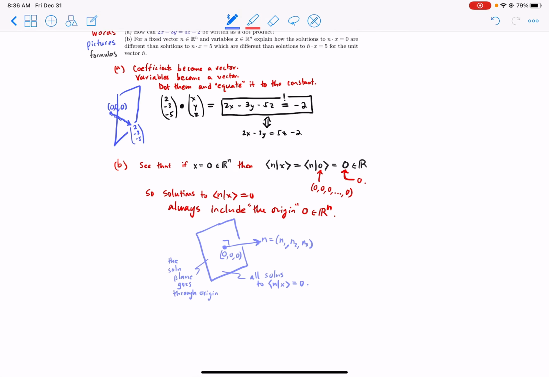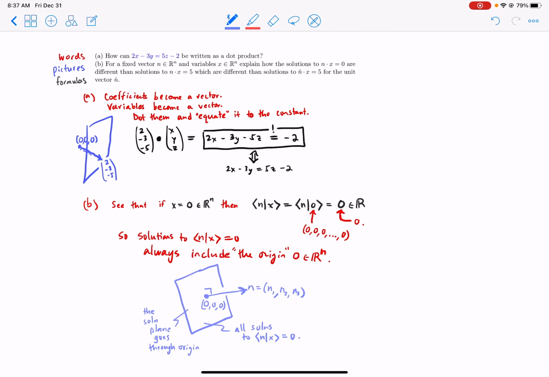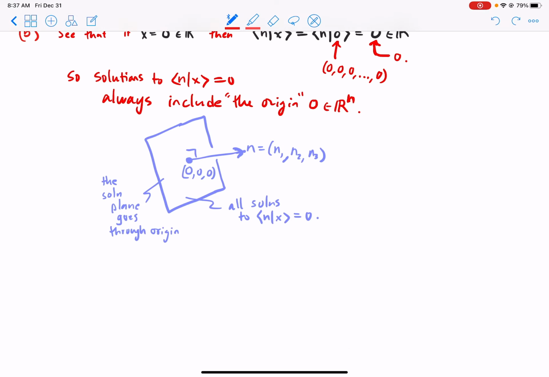Let's make another calculation about n dot x equals 5. For n dot x equals 5, the solutions never include the origin.